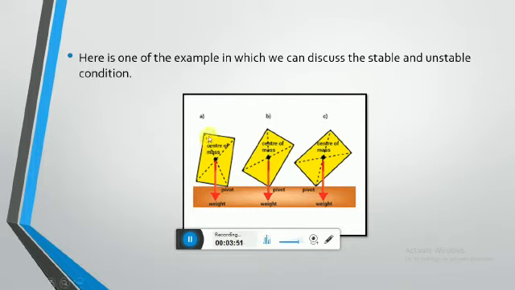If we tilt it a little bit away from the ground, its center of gravity rises and the weight acts downward, but after releasing, it returns back towards its original position.